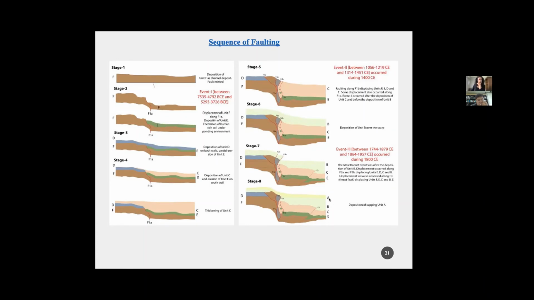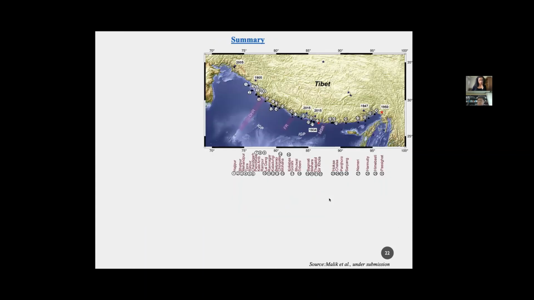So this was our study area. So from our study, we suggest that the most recent event on Pinjore Garden Fault occurred between 1200 AD, but before 1600 AD.